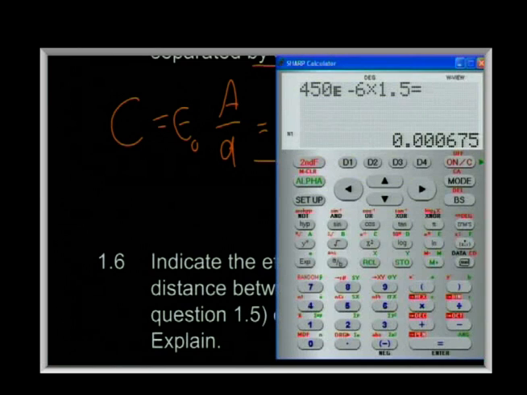Let's go and do some calculator work, and let's fill it in over here. I want to just clear that value.